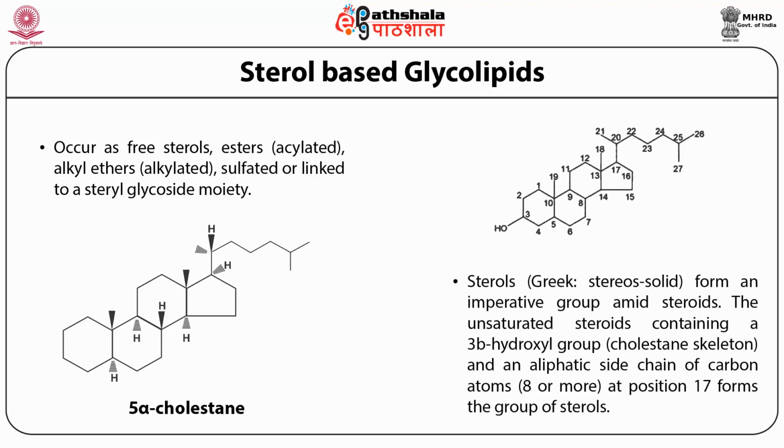Among the sterol-based glycolipids, free sterols or the sterols shape an imperative cluster in steroids. The unsaturated ones involve a 3-beta hydroxyl group with carbon atom of an aliphatic side chain at position 17 and figure the group of sterols.